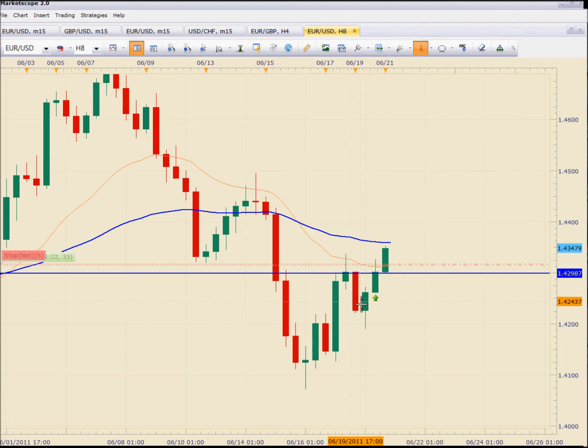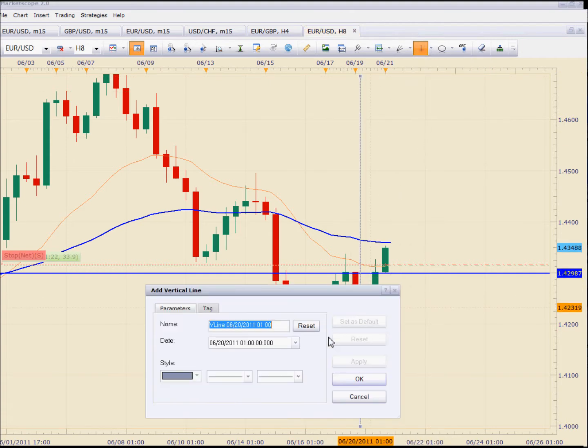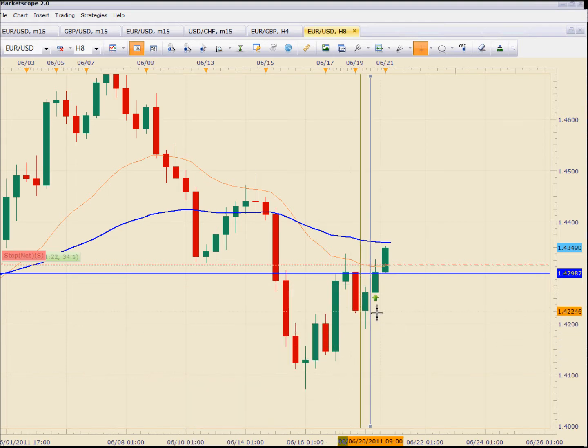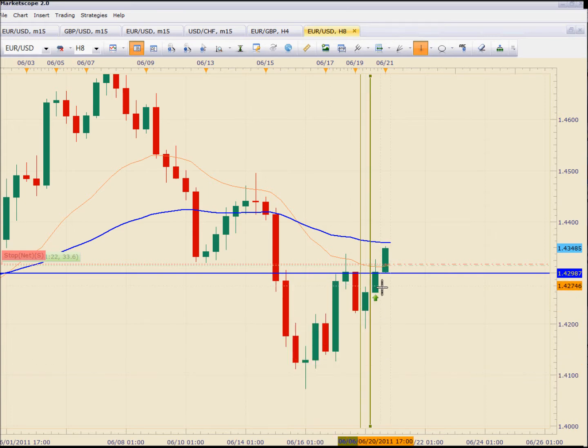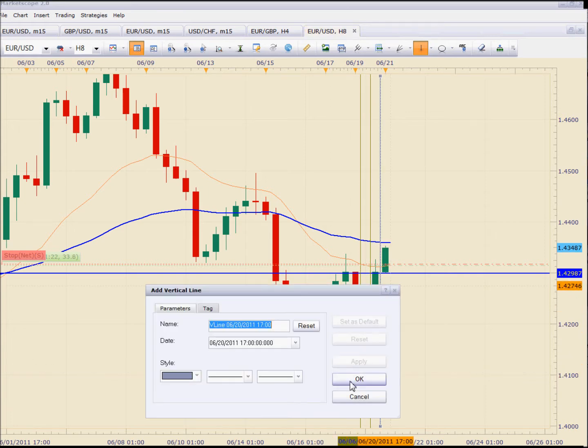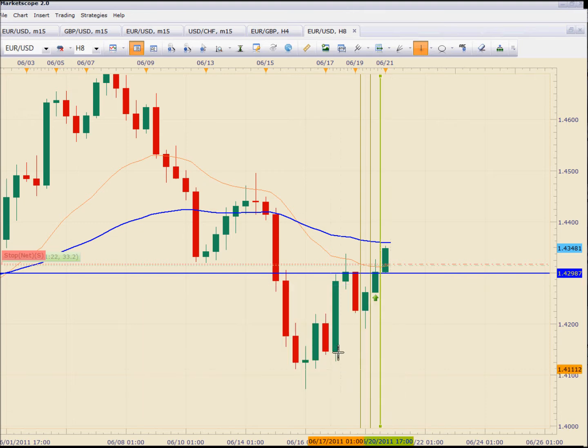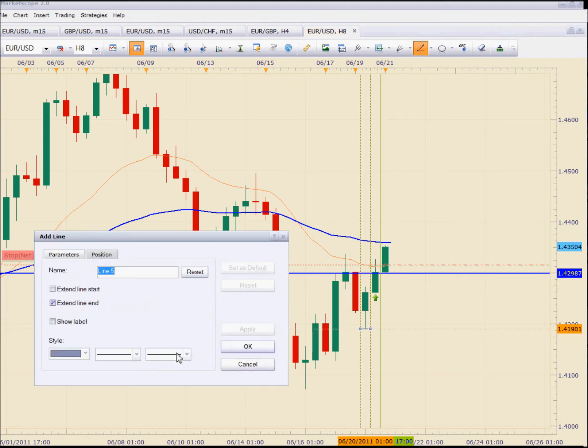Let me go ahead and identify these two candles here. As we identify these two candles, that will give us a clear picture as to where our signal was and where we should get in. This is the low of that candle.